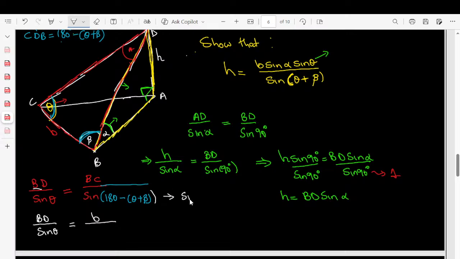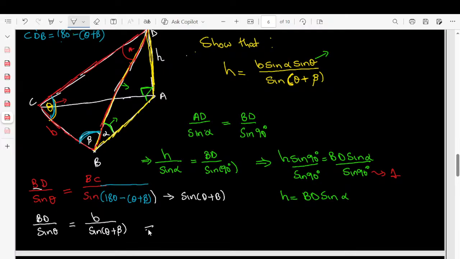This is just the sine of theta plus beta. If you reduce it, you'll get that. So this will be the sine of theta plus beta using the reduction formula. Where is the sine of theta plus beta? Quadrant 2. How is that in quadrant 2? It's positive, so this will just be the sine of that angle.